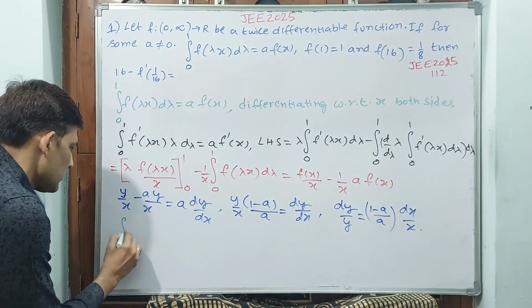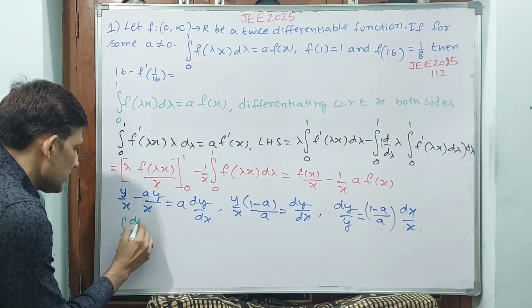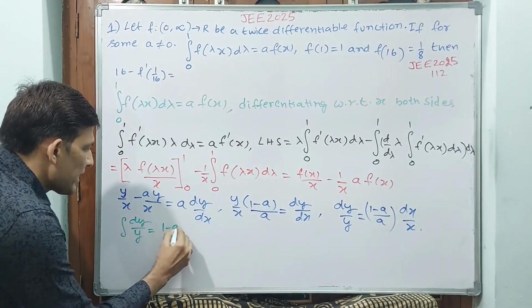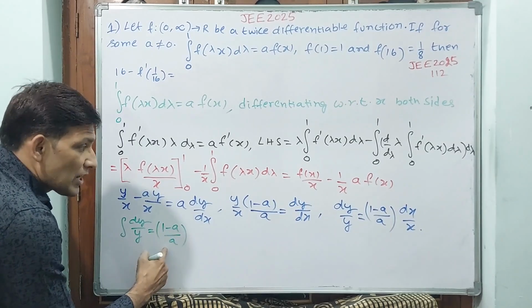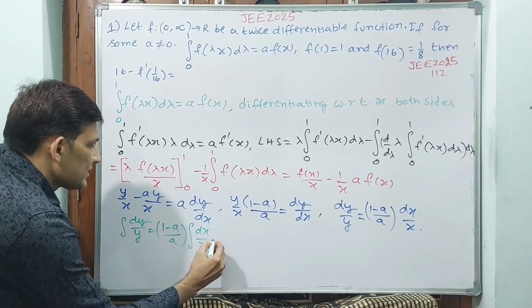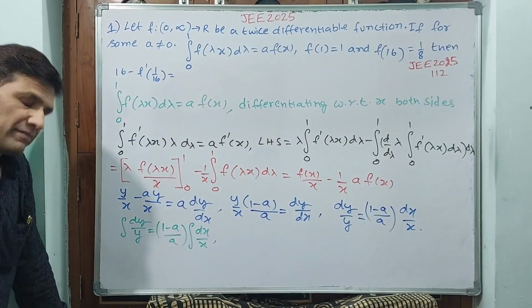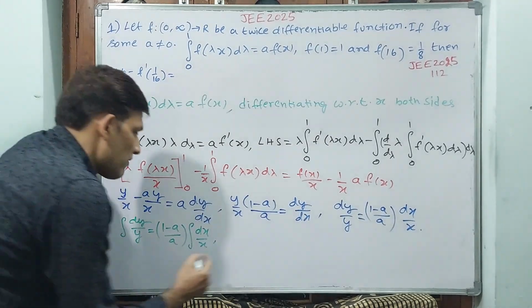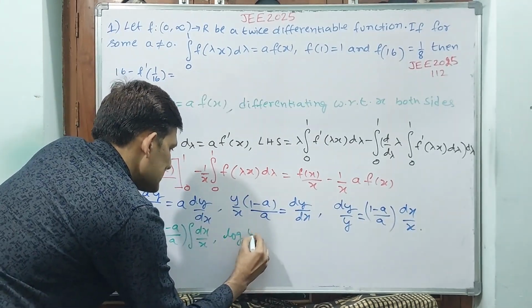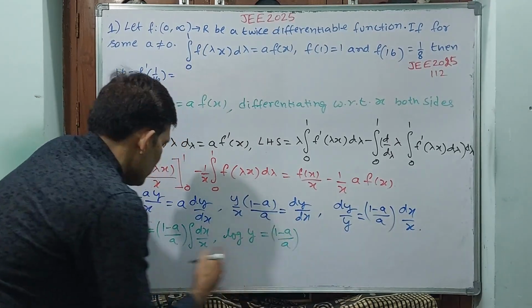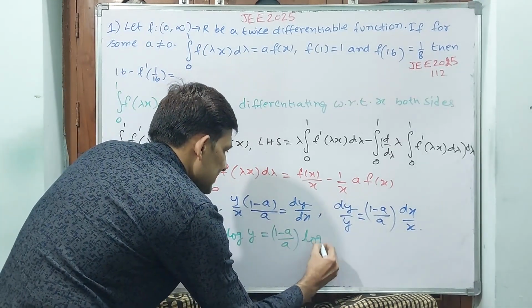Integral dy by y is equal to 1 minus a by a, because this is a constant or coefficient, integral dx by x. Do you accept this? Definitely. Now this is going to become log y is equal to 1 minus a by a into log x plus c.